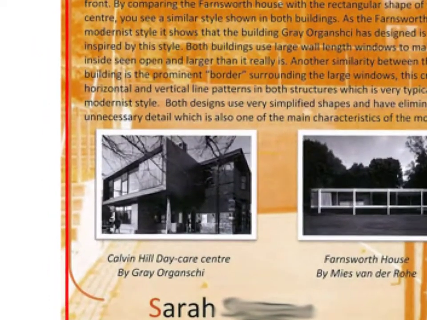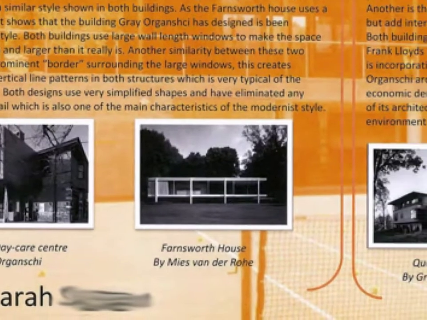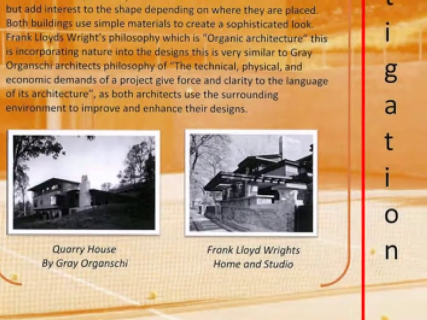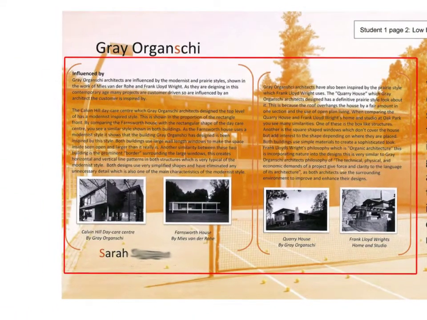For example, we can see very clearly that this architect uses a box form or a grid. We've got lots of cantilever and a very modern architectural style that we can observe in other architects.